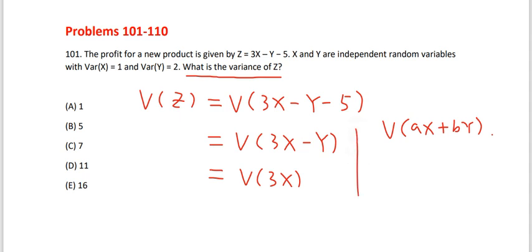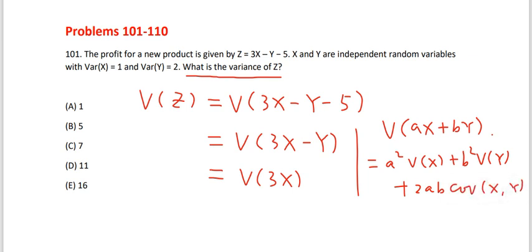We have this formula: equal a squared V(X) plus b squared V(Y) plus 2ab covariance of XY. So here we just use the formula to calculate.